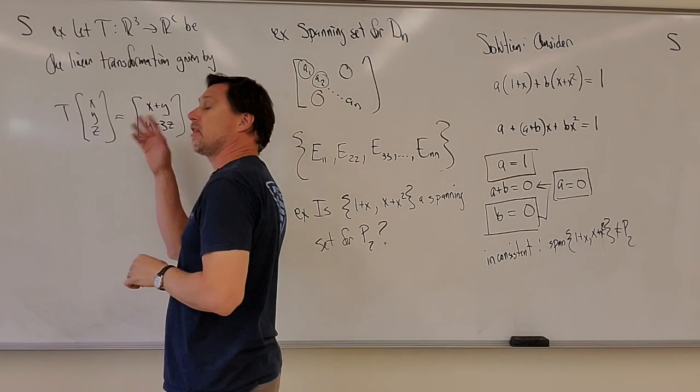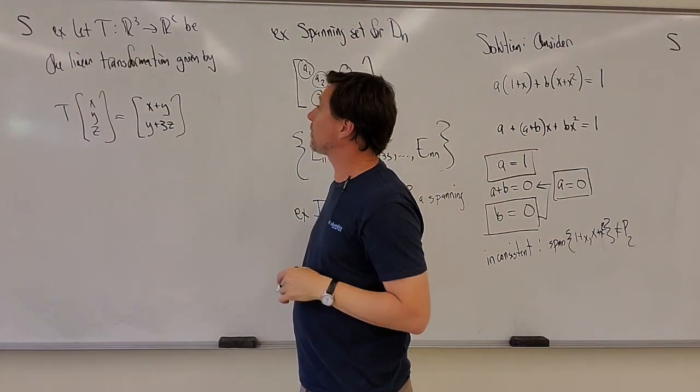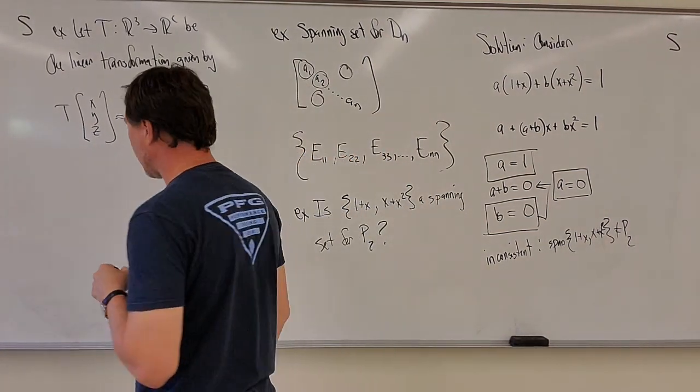So it's easy to check that this actually is a linear transformation. We're not going to go through the process here. We'll just accept that it is a linear transformation. And what I want to do, I want to find a spanning set.